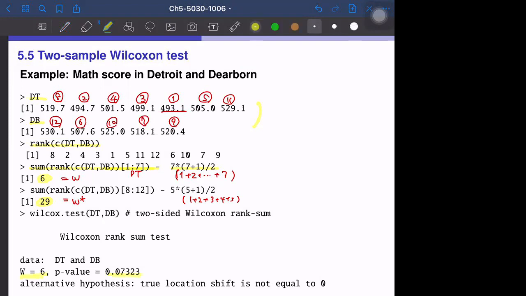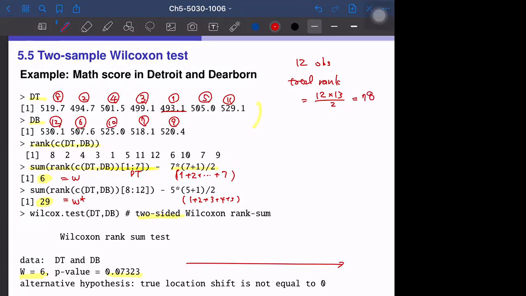And the p-value is 0.0723. So this is a two-sided test by default. So what's the range? We have 12 observations. So the total rank sum is 12 times 13 over 2, so this is 78.